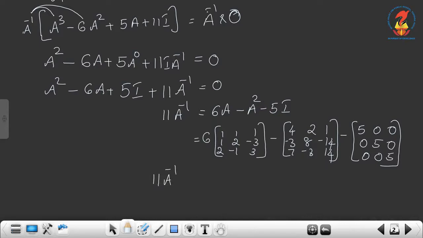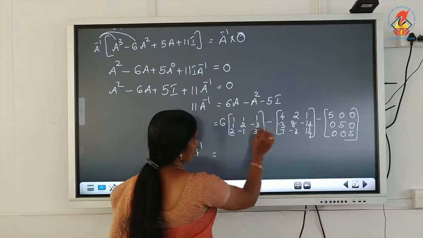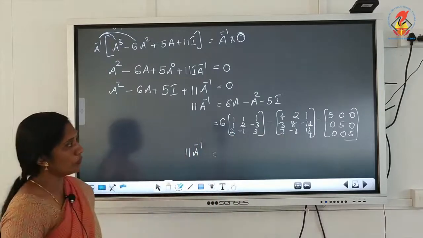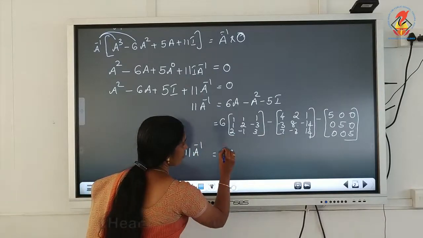So 11A inverse is equal to 6 into 1 minus 4, that is 2, 2 minus 5 is minus 3.